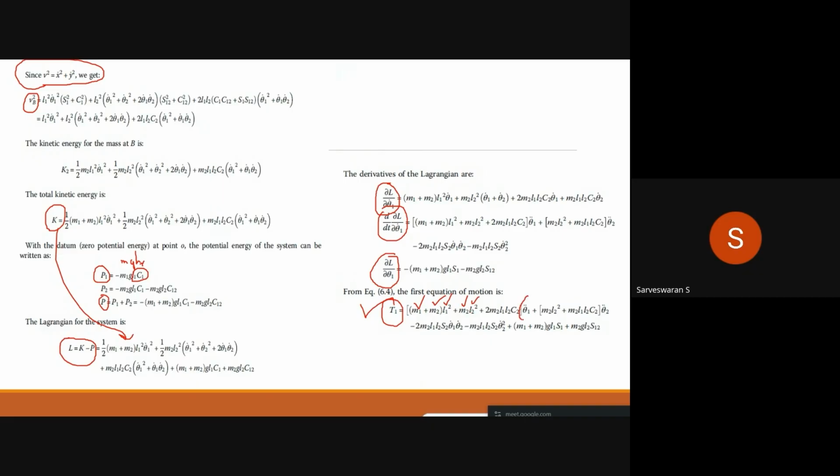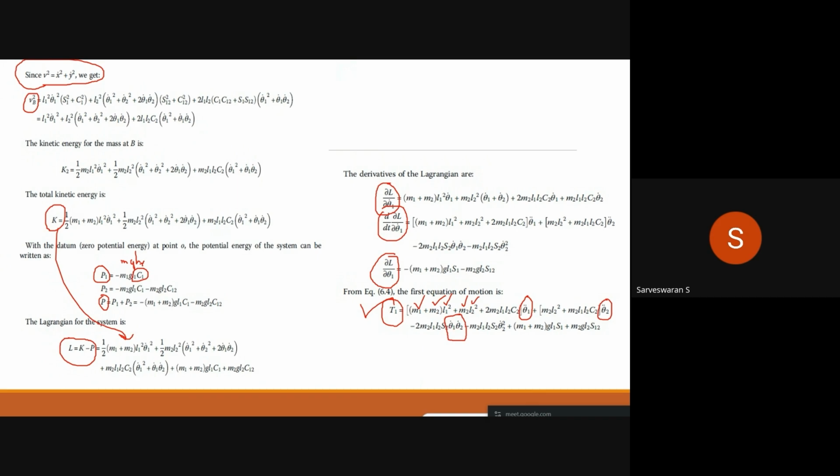Also we have to consider the accelerations theta 1 double dot and theta 2 double dot. So to select the motor, we have to consider m1, m2, L1, L2, theta 1 double dot and theta 2 double dot, which are the joint accelerations, and very importantly theta 1 dot and theta 2 dot.